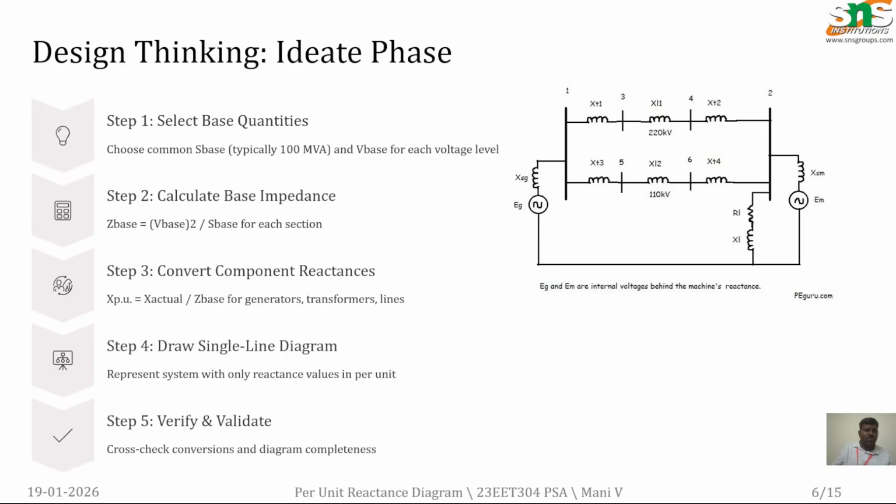The new per unit reactance is equal to the actual reactance divided by the base reactance, for the generator, transformer, transmission line, etc. After calculating the new per unit reactance for the various components, we draw the single line diagram with respect to the per unit values. Now we have to verify the circuit and validate whether the conversion is done perfectly.